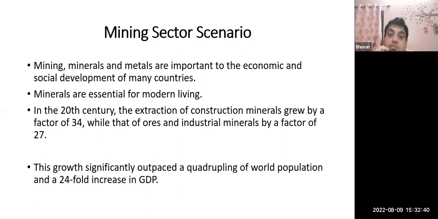Mining basically is very important for the economics of any country or any nation. In the current context, the more mineral wealth a country has, the more we think that country is developed. For running the industries and the market, minerals and metals are very much essential, so our whole modern life is basically associated with that.